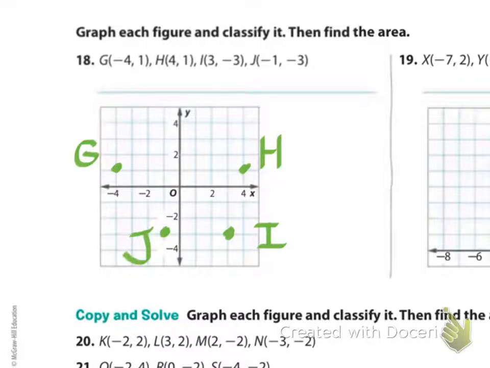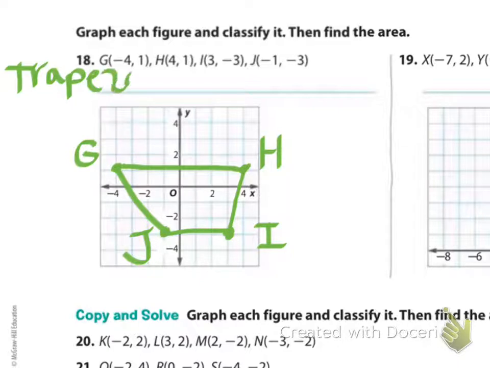Okay, so next we basically need to connect the dots, with straight lines as much as possible. It's a little hard with the stylus to do that, but okay. And I would definitely say this is a trapezoid.